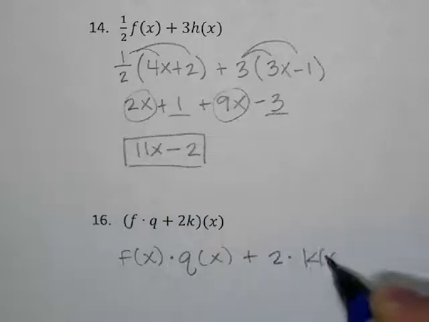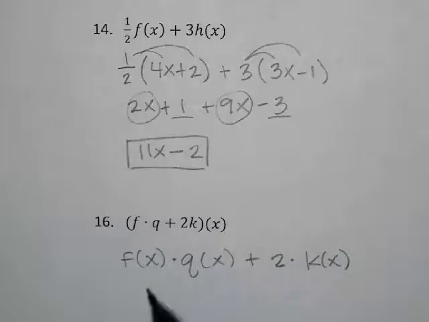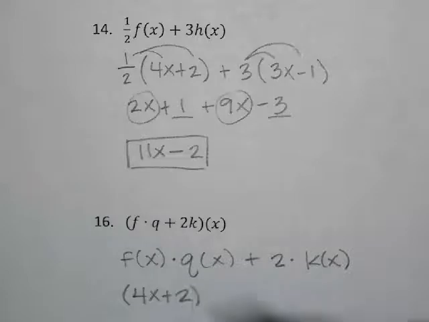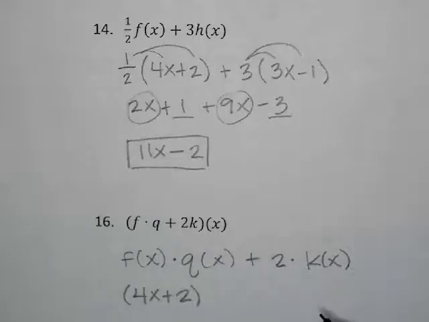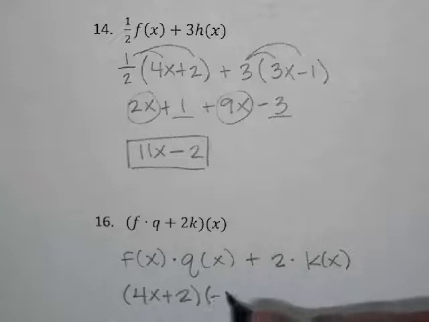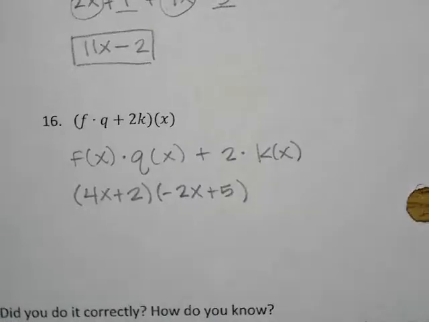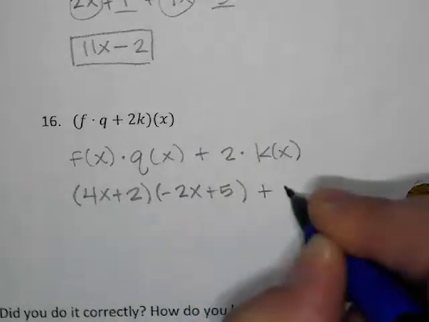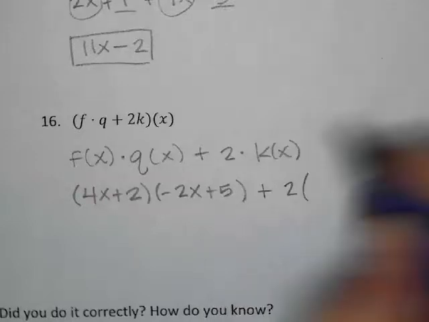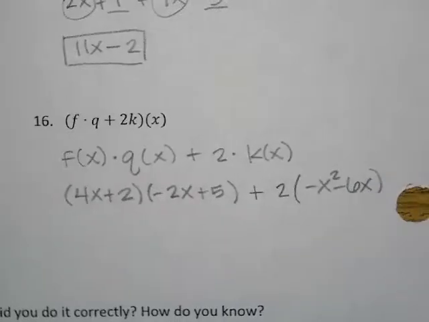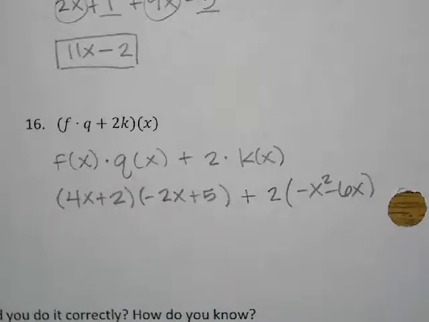Q of x is negative 2x plus 5. And then 2 times k of x, negative x squared minus 6x. Okay. So the notation is the weirdest part. Now, if you had to do number 16, what would be your strategy from here? You would FOIL this and distribute this and then combine like terms.